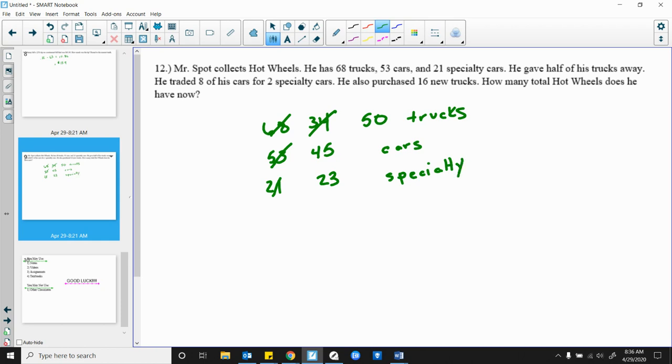All right. From there, I take my 50 plus my 45 plus my 23, and I get my total amount of Hot Wheels, Bader, at 113. So 113 Hot Wheels.